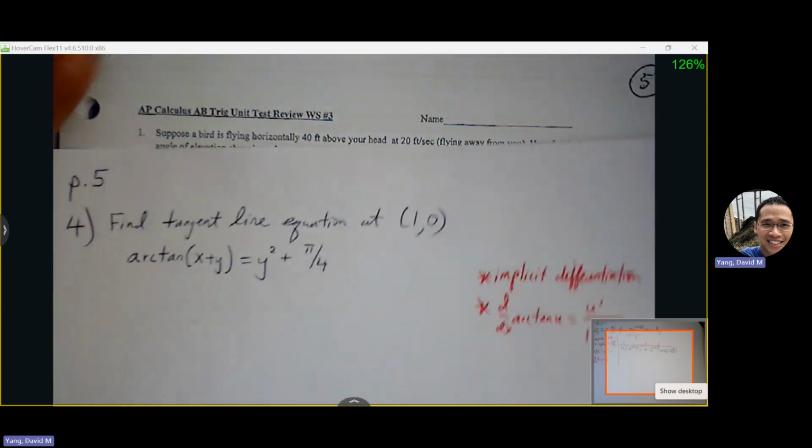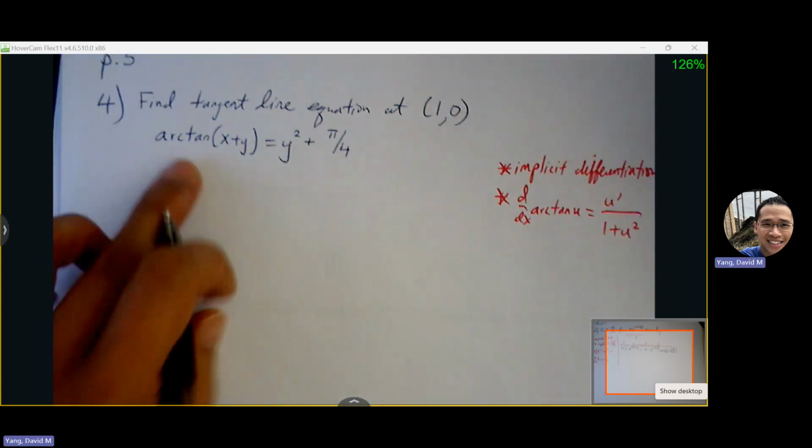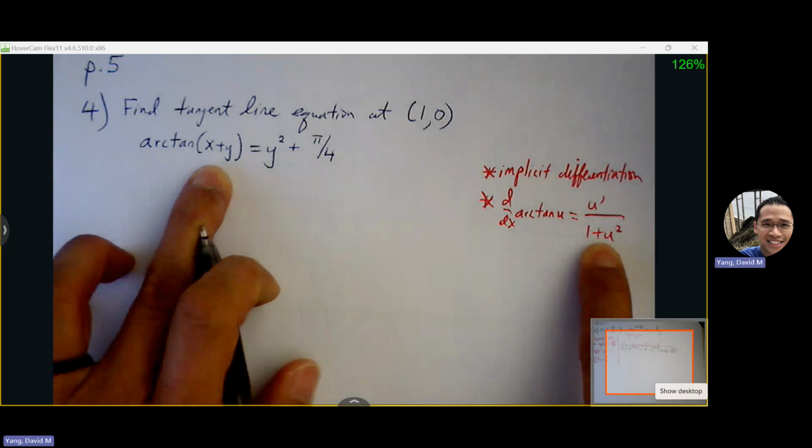I worked it out a different way on the key, but we'll just apply the rule here.